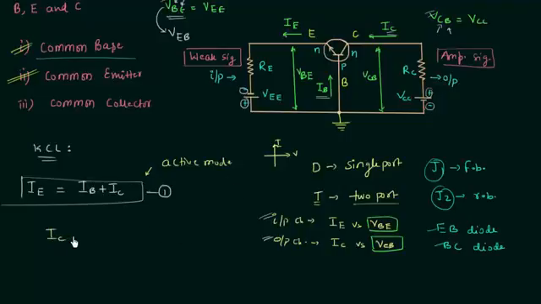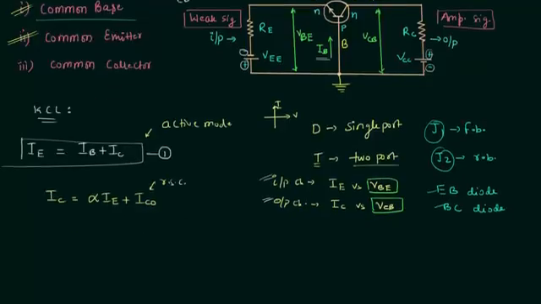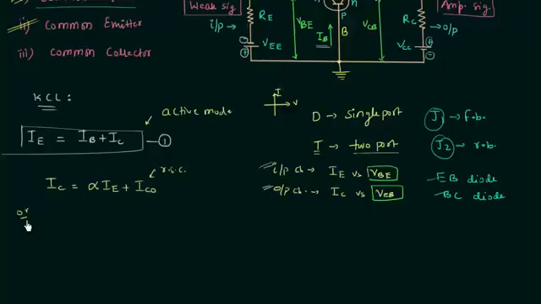The next thing is the collector current. The collector current IC is equal to alpha times IE plus ICO. This is the reverse saturation current. I will rename the reverse saturation current for the common base configuration. I will add B in the representation, or IC is equal to alpha times IE plus ICBO, where this B stands for the common base configuration. The next thing is the comparison between the emitter current IE and the reverse saturation current ICBO.